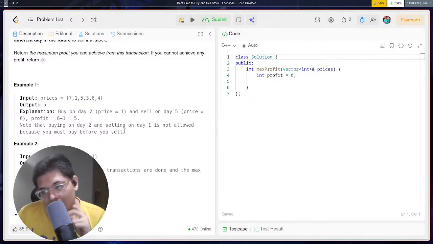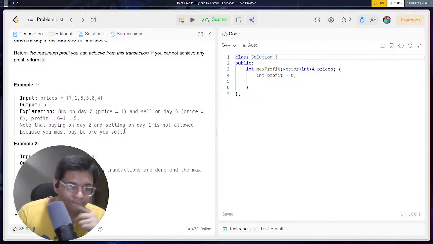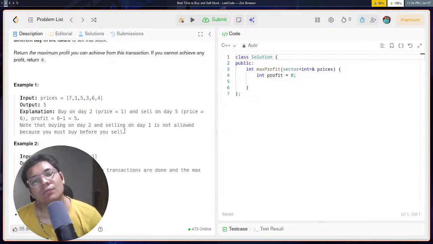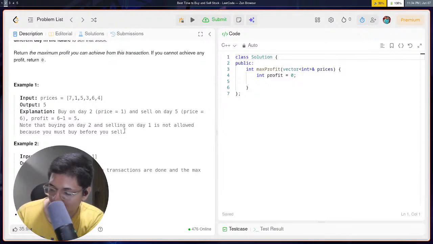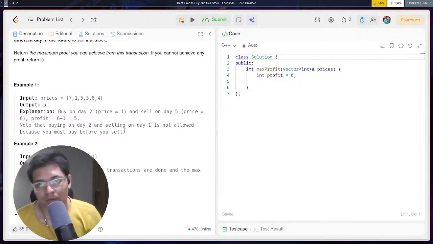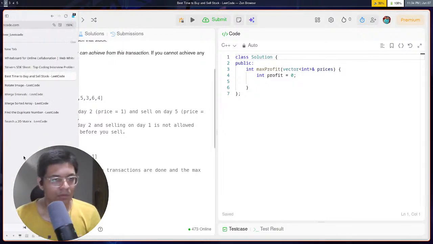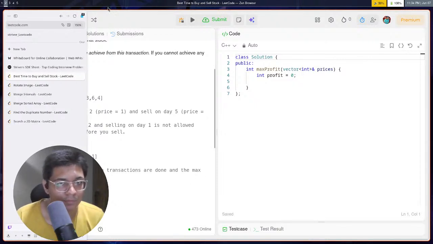What could be our absolute brute force approach? First, we will find the minimum of there. Maybe we can sort there. Something like this. Wait a second.